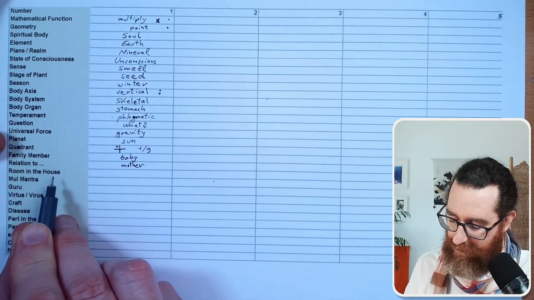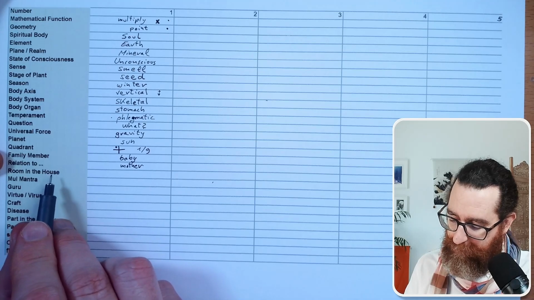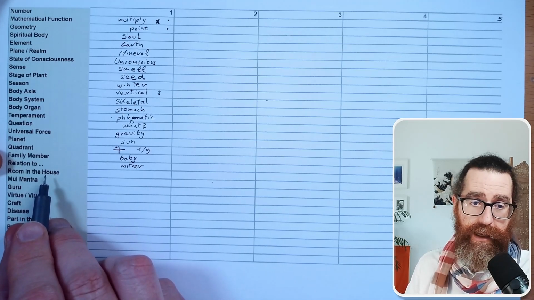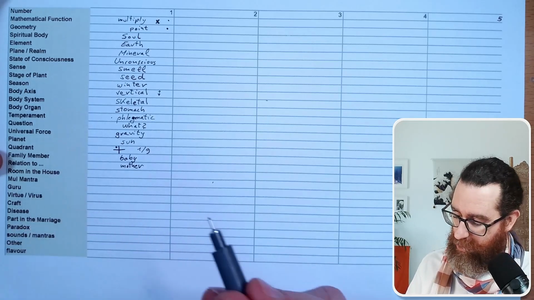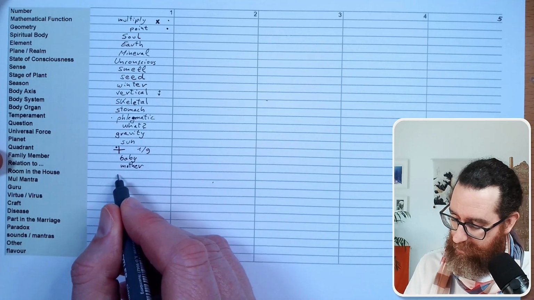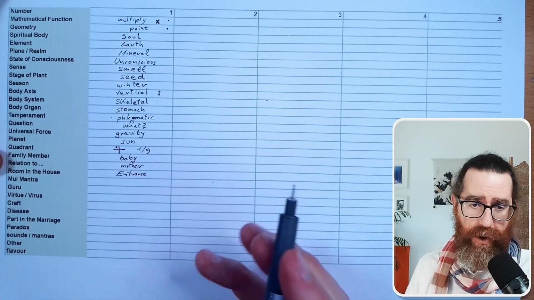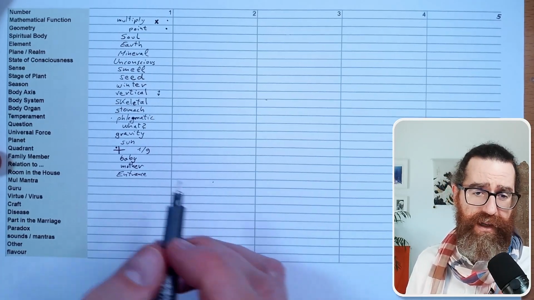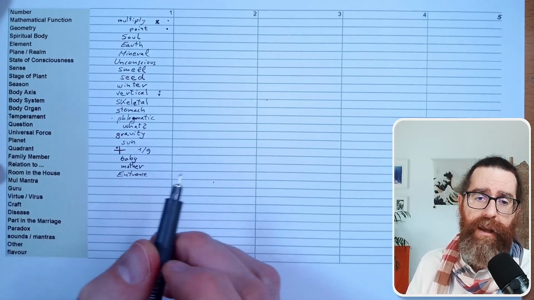Now, room in the house. This is going to be interesting. It could be mostly the first room where you come into a house. I don't know how to call that. The entrance hall, entrance room. There's often a room through which you can go in.